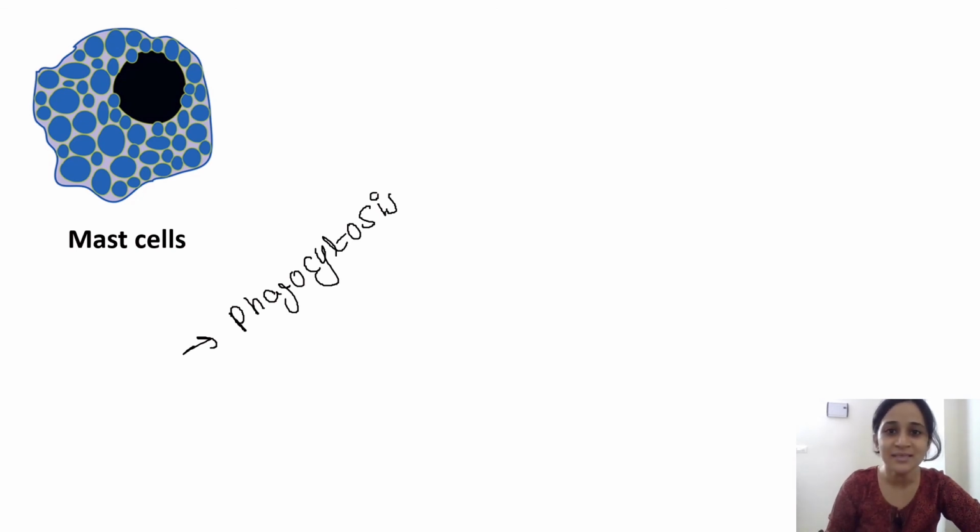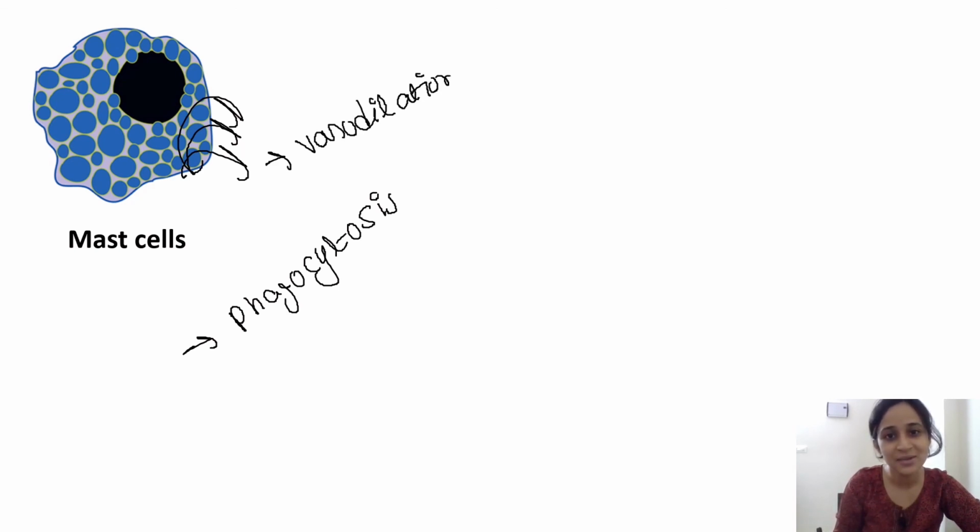Now the cytoplasm is filled with granules. Numbers of granules are there like basophils, and they also function in vasodilation. So this is similar to basophil: numbers of granules are there and they also play a role in vasodilation, and vasodilation in turn causes inflammation.